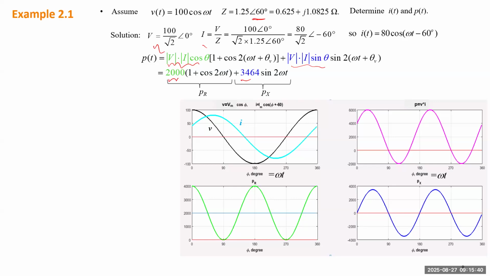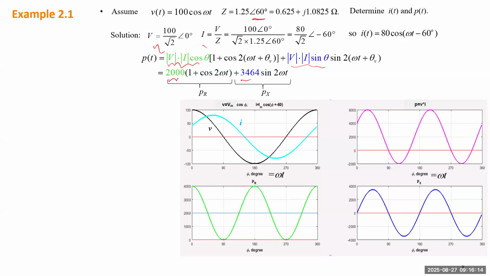And here is 0. This waveform is also a sinusoidal waveform, but it finishes 2 cycles in one period of the original voltage and current, which means it is twice as fast as the voltage and current. Those two are actually the first item and second item. As I said, the first item exists if the load has resistance, and the second item if it has reactance.